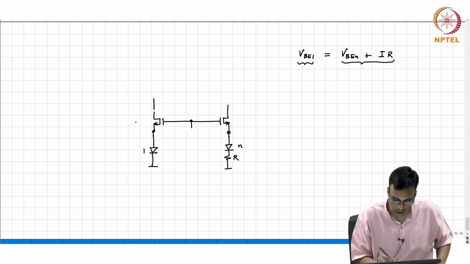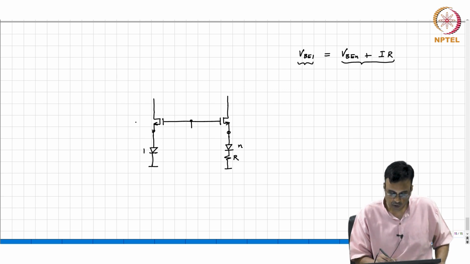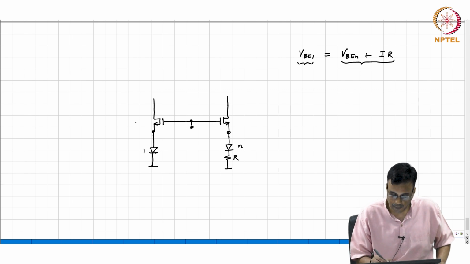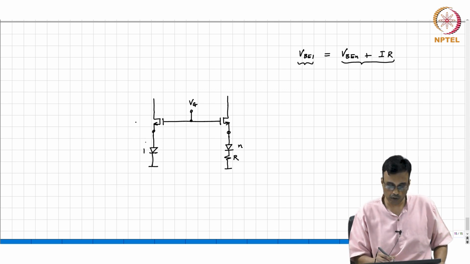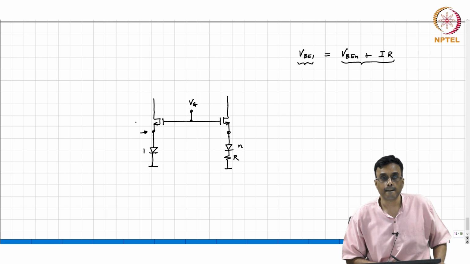And what is the voltage? If I apply a Vg here, what is the voltage at this node? What is the actual voltage across these two branches? What is the voltage here? What is it in terms of Vg?